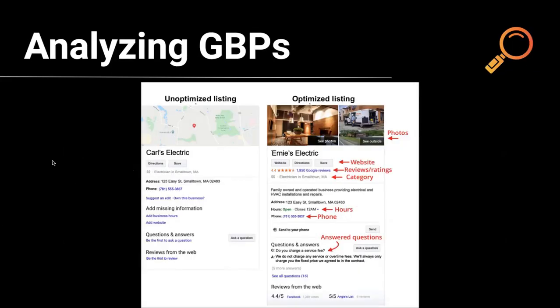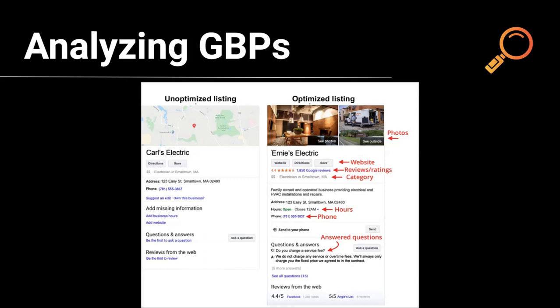So now I want to provide an example to you all of just different Google Business Profiles. On the left-hand side here, you'll see the unoptimized listing. And on the right-hand side, you'll see a fully complete and optimized listing. As you can see on the left-hand side with Carl's Electric, they're missing a lot of information, such as their hours, their website, photos, reviews, etc. And then on the right-hand side, we have Ernie's Electric, which has an abundance of photos.